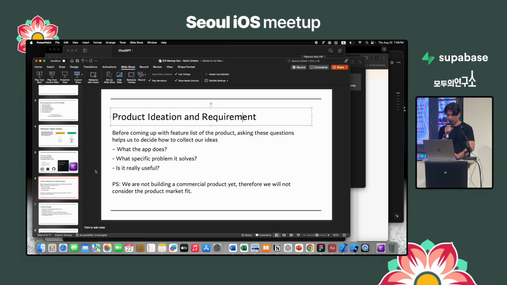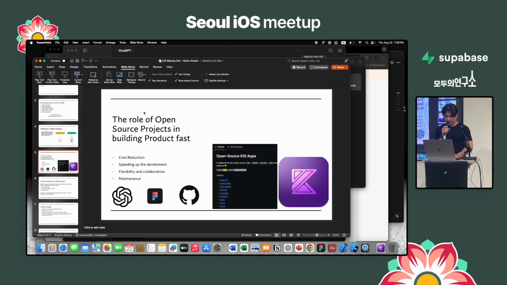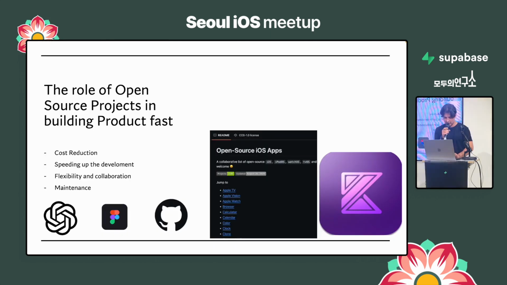So we have talked about product ideation and how to write the requirements using ChatGPT, and then we are going to go through product design. As we have seen here, I'm using OpenAI's ChatGPT for product ideation and writing the product requirements. And then I'm going to use Figma community to copy and paste some wireframes or mockups for my product design.